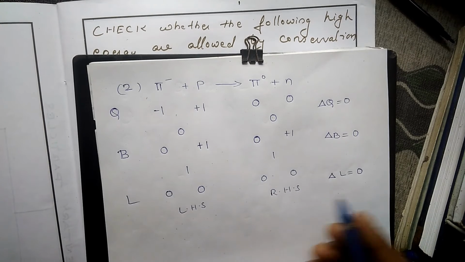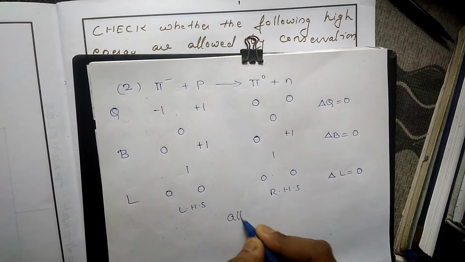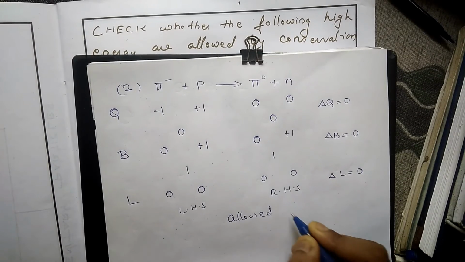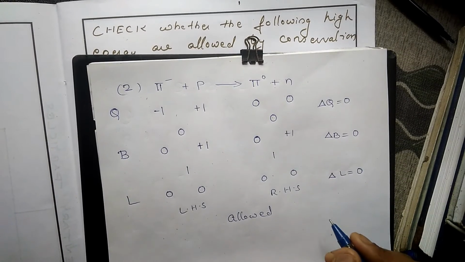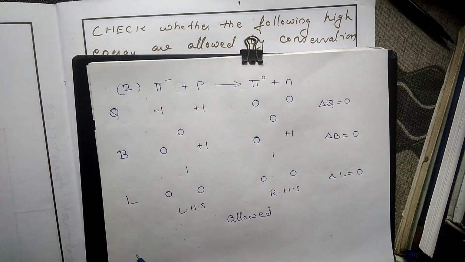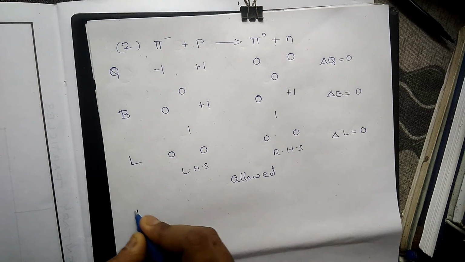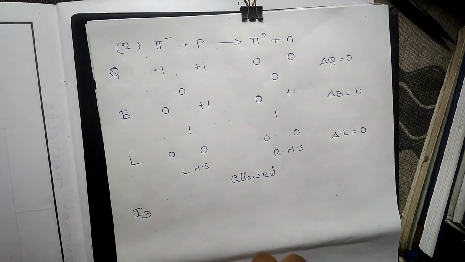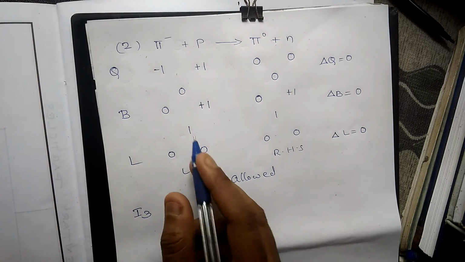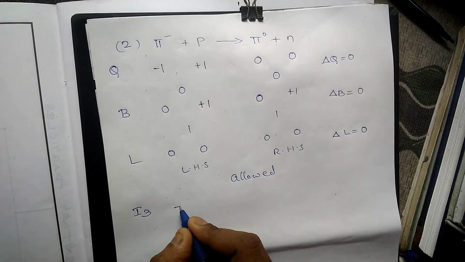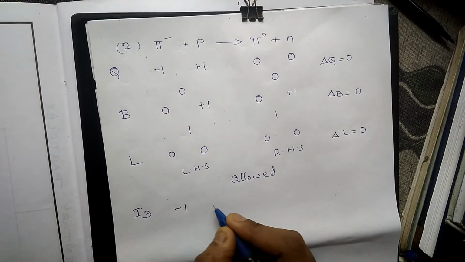But if the question is asked for strong interaction or weak interaction, you must be familiar with I3. We will calculate I3 also. For pi minus, I3 is minus 1.